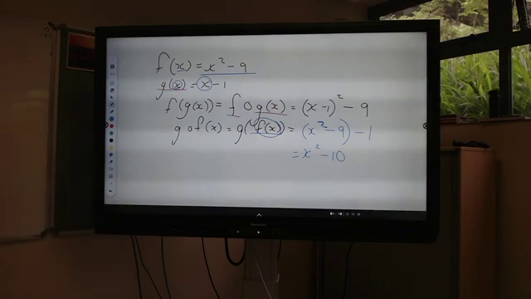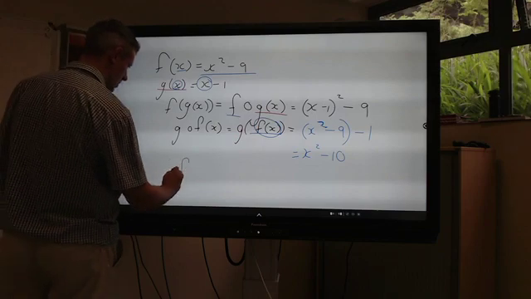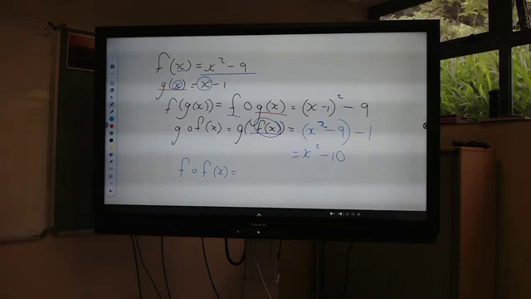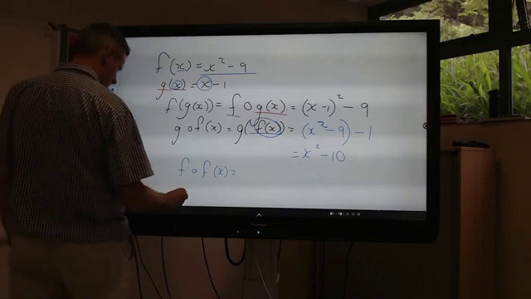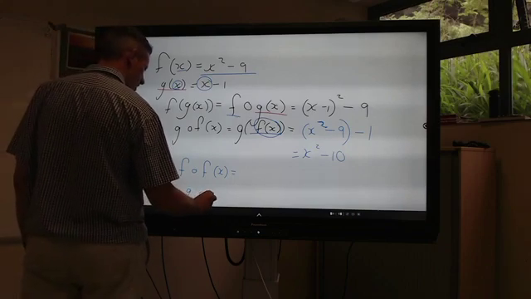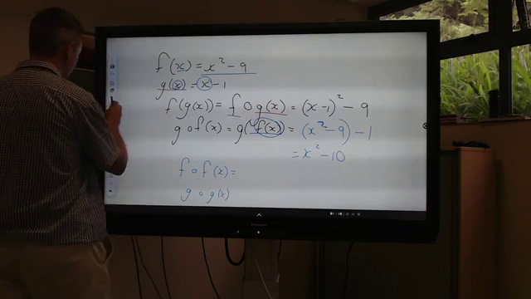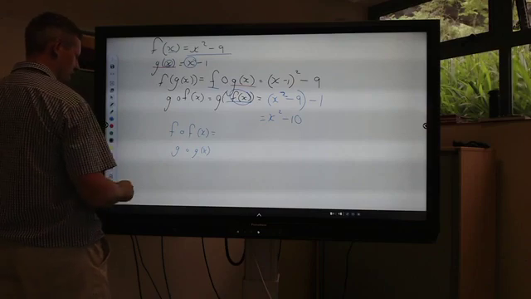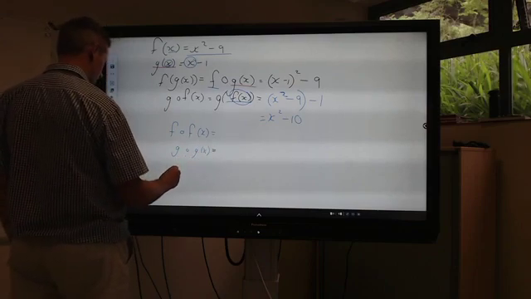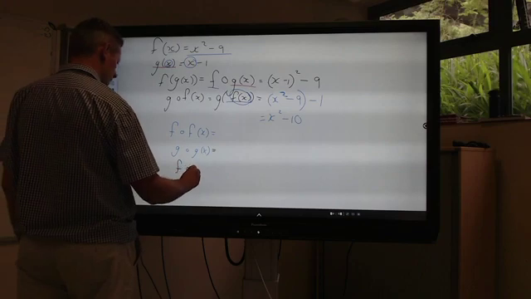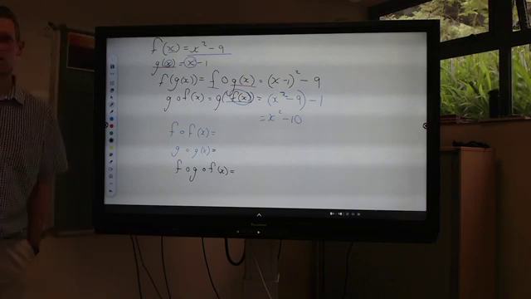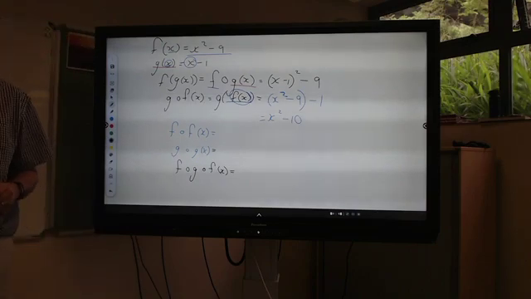So let's go all inception on this. Calculate f circle f of x, g circle g of x, and then lastly, f circle g circle f. What is f circle f going to be?